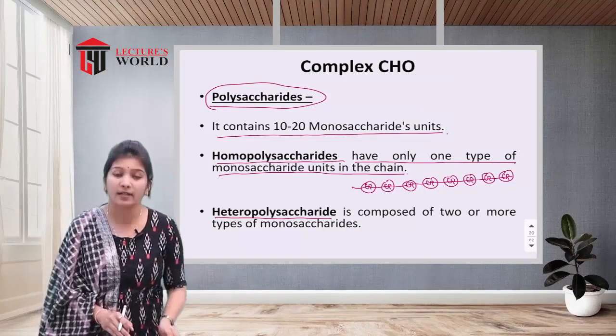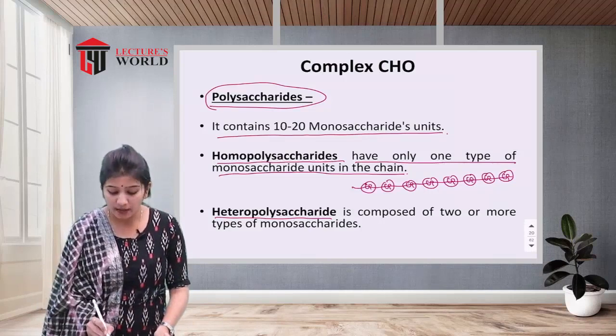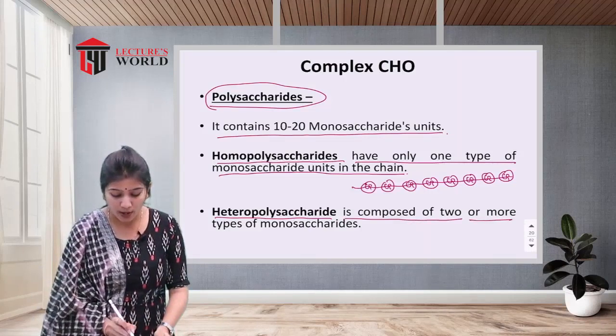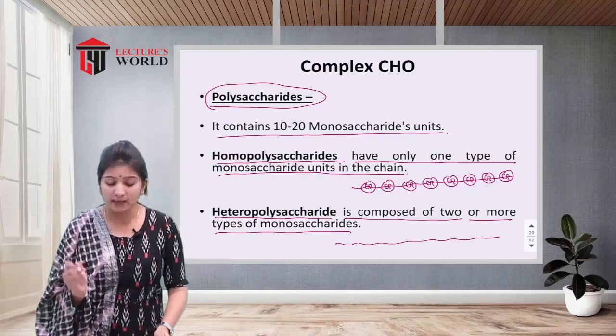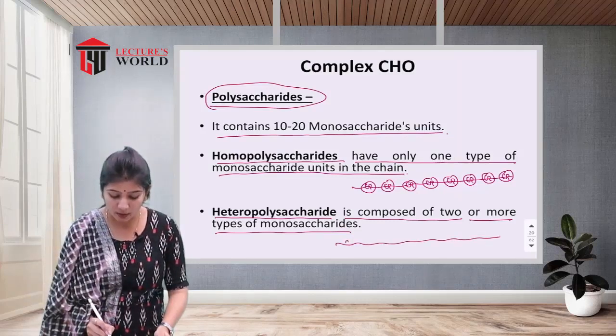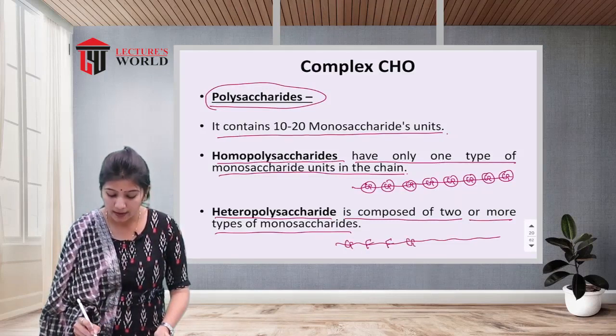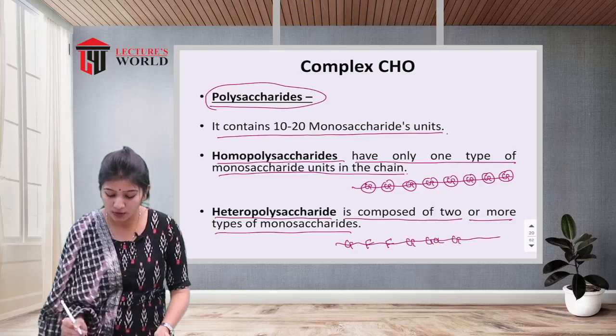When it comes to heteropolysaccharides, they are composed of two or more types of monosaccharides. Suppose this is a chain of polysaccharide. It is made up of glucose, fructose, glucose, galactose, glucose, fructose.